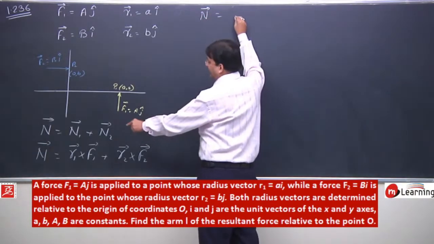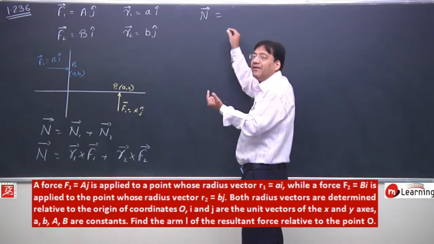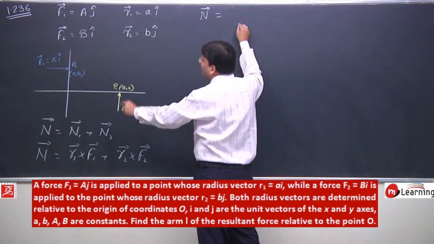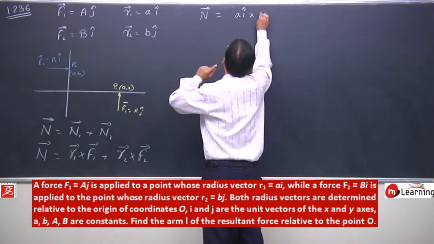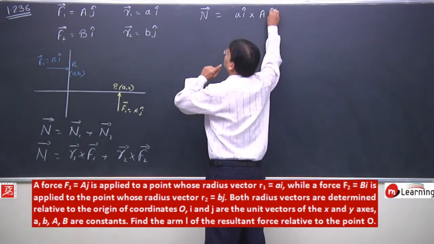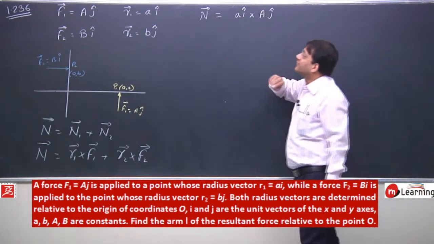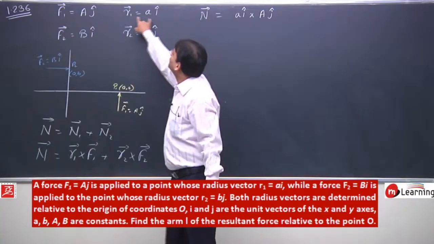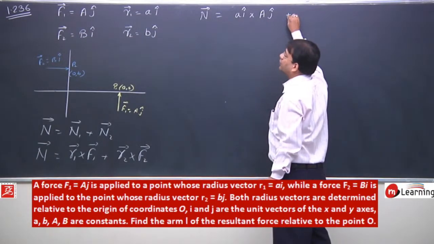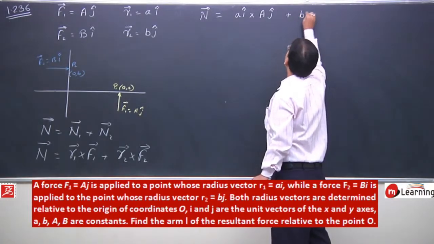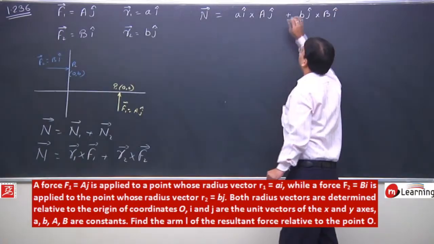This moment of force N or torque would be R1 cross F1. R1 is AI cap cross AJ cap. This is R1 cross F1. Then plus R2 cross F2. R2 is BJ cap, cross F2, which is BI cap.